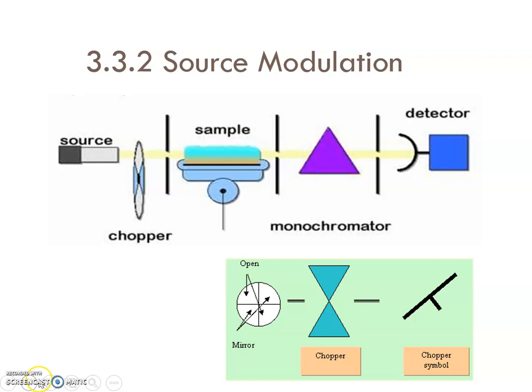So this is the chopper, and this is the symbol for the chopper, if we find it in an instrumentation drawing.